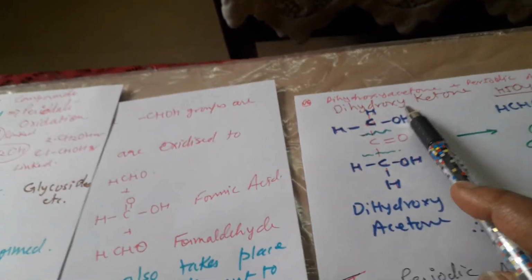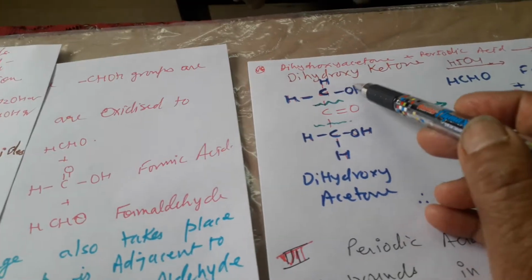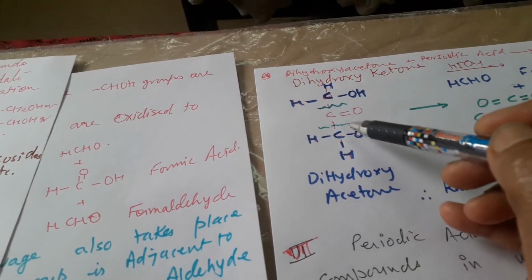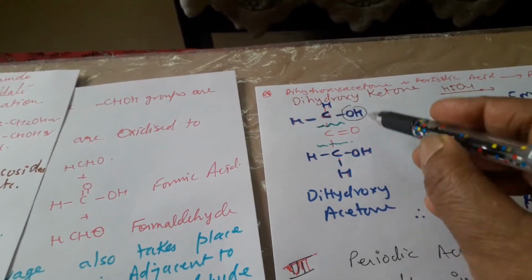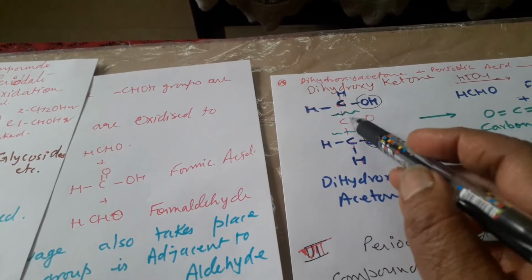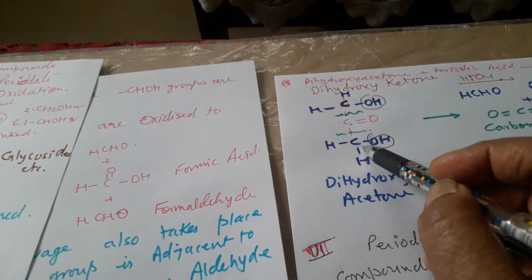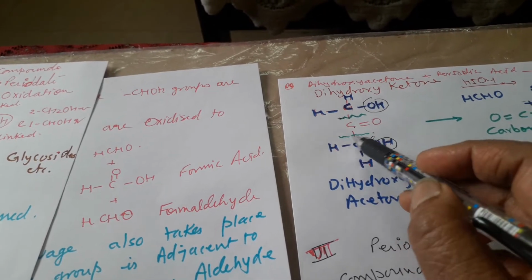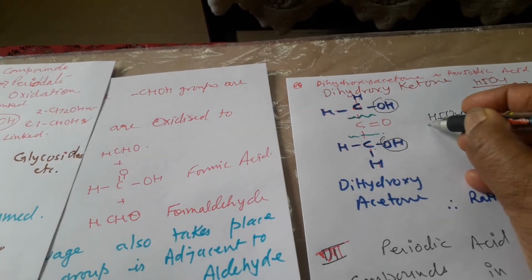Now we'll go for the dihydroxy ketone also. Oxidative cleavage will occur over here. Dihydroxy ketone: CH3 CO CH3 is acetone, so here 1 H on each methyl is replaced by OH. So there is cleavage between this and this. See, the carbonyl group is in between these two CH2OH groups. So 1 mole and 2 moles of HIO4. How many moles are required?